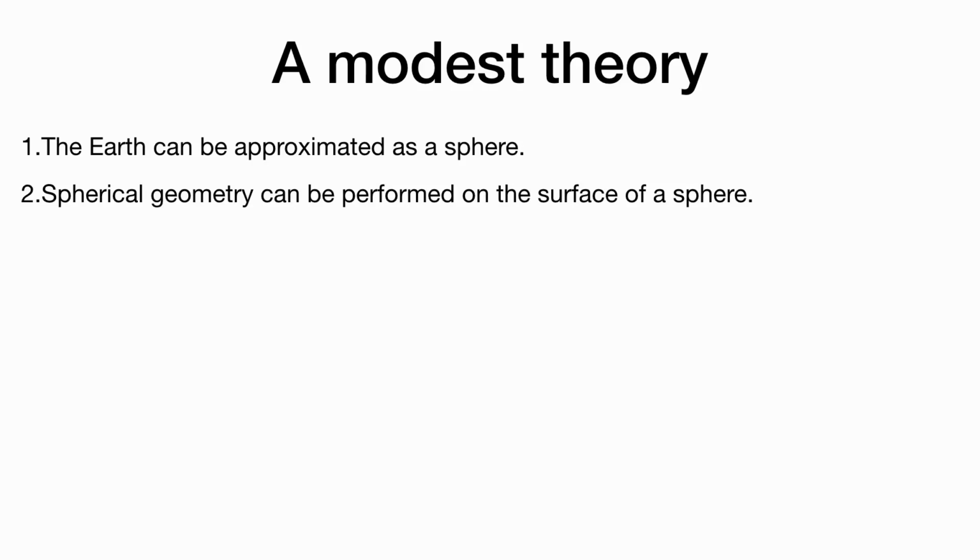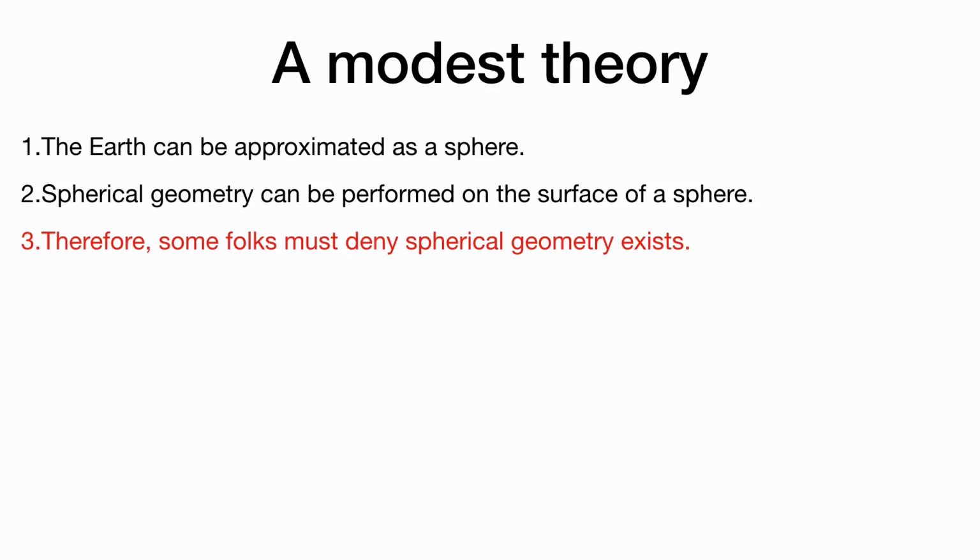So here's my modest theory about why they say things like this. The Earth can be approximated as a sphere. Spherical geometry can be performed on the surface of a sphere. Therefore, some folks must deny spherical geometry exists. The cross-section of a sphere is a circle.